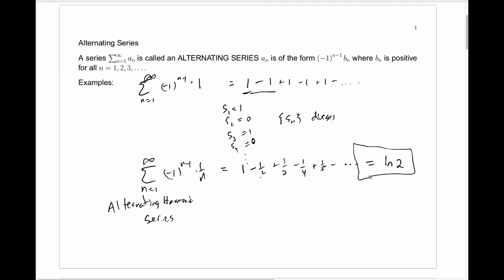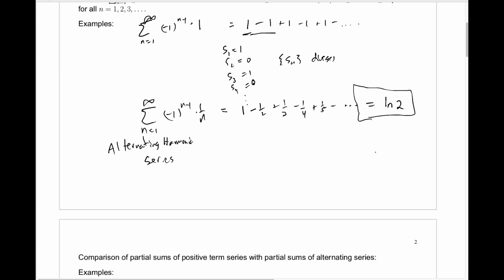In fact, there's no nice exact formula for the partial sums of this alternating harmonic series. We're going to see in just a couple minutes here in this video how we'll actually be able to tell that this alternating harmonic series does in fact converge. Though I'll repeat, we won't be able to find its exact value until many sections later.